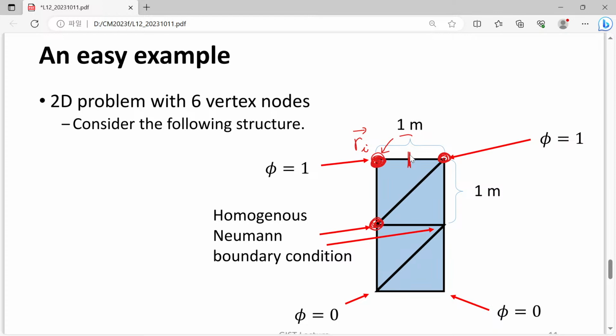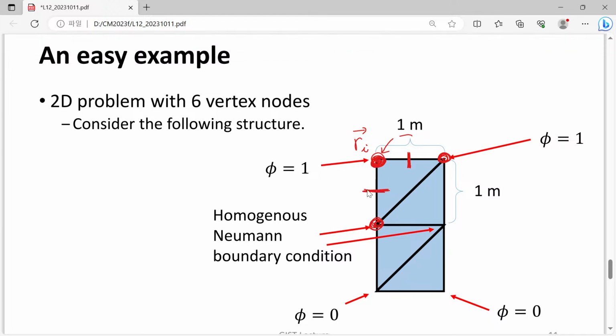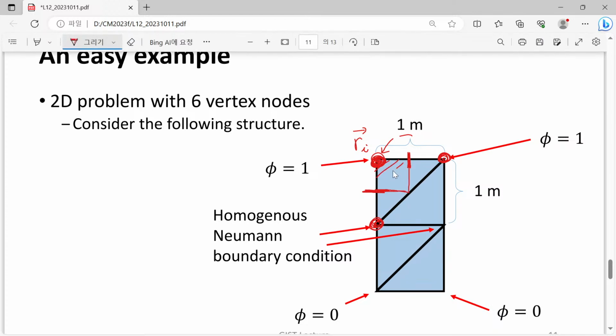Maybe this midpoint would be a well-balanced border point. If we have 2 points, maybe this will be a fair point to divide the region into boxes. So that will be the box for this Ri.